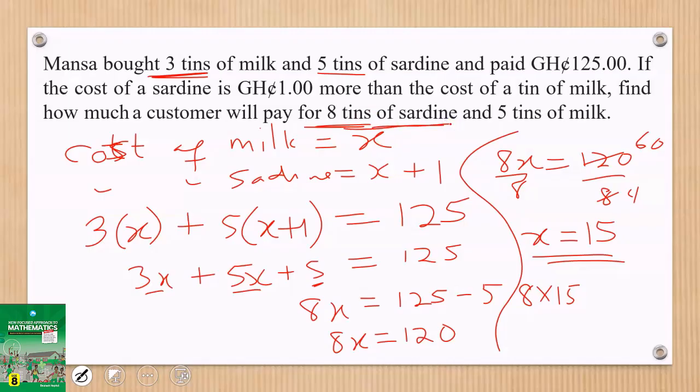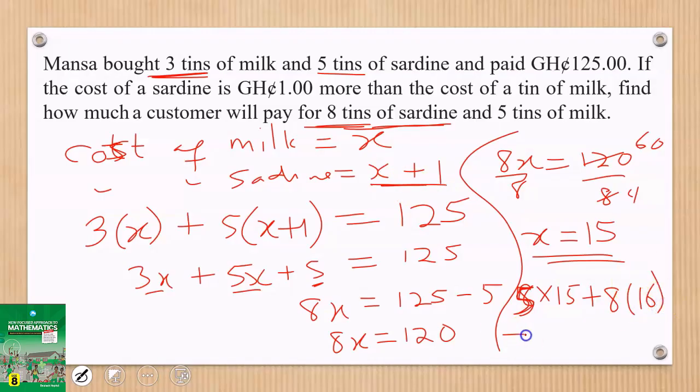So 5 tins of milk will be 5 times 15, plus 8 tins of sardine, and sardine will be 16 cedis because sardine is x plus 1, so that will be 8 times 16 cedis.